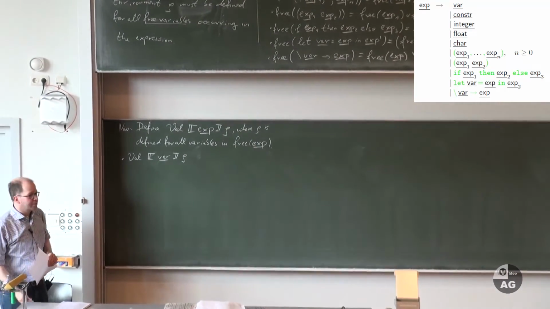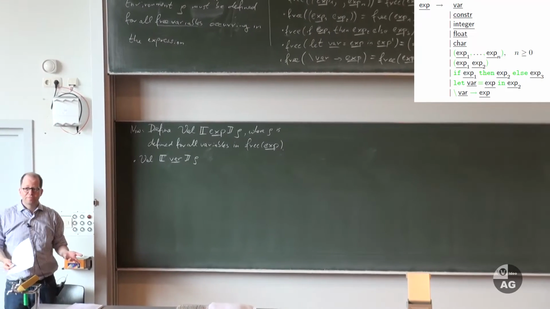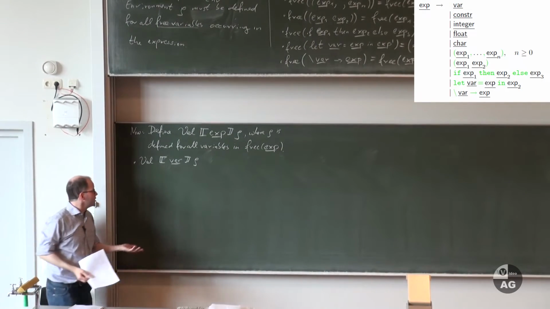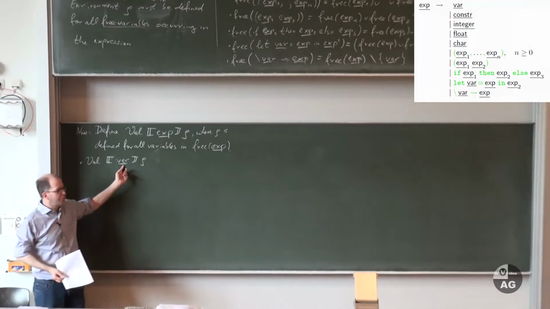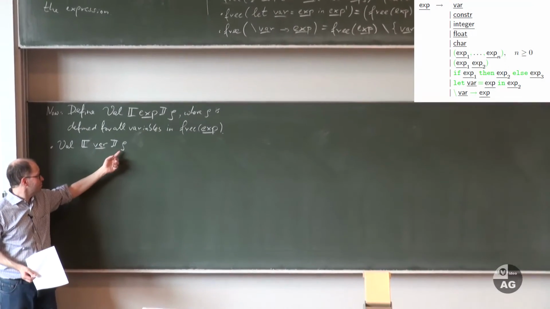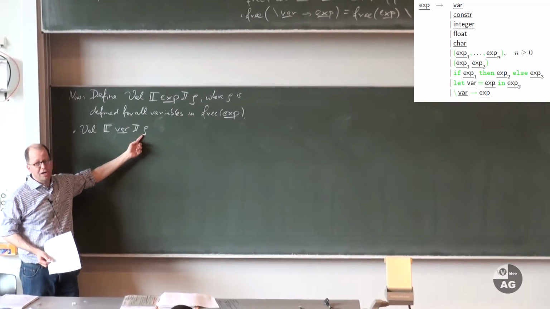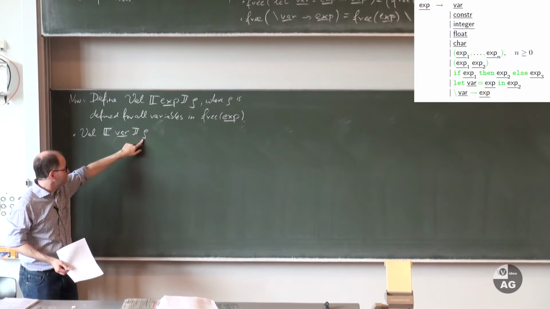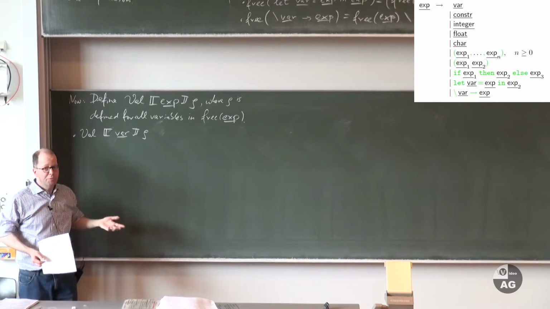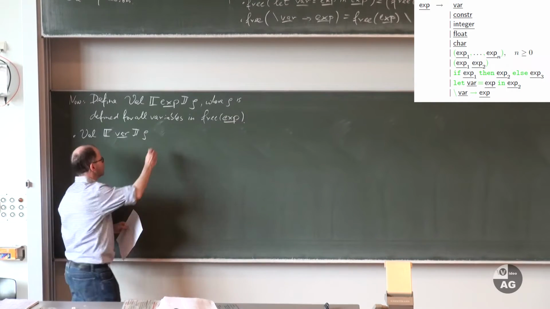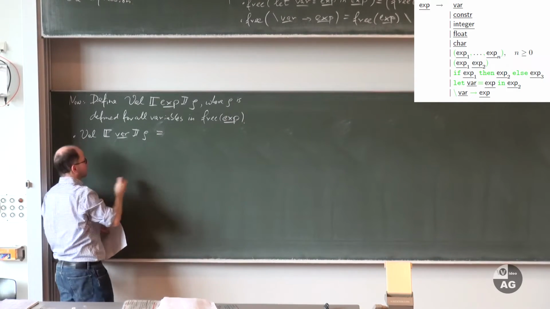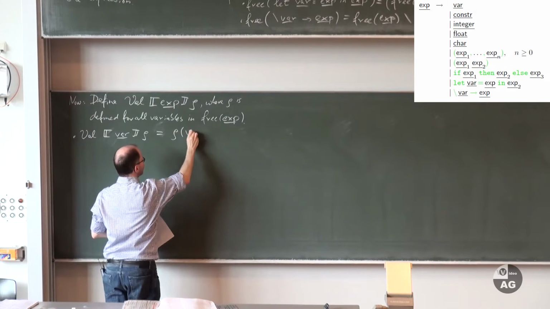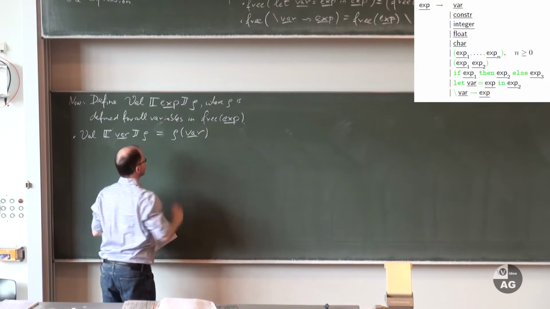How do we define this? Well, we just have to look into the environment. This is just a simple variable, and we have required that the environment has to be defined for all free variables occurring here. So the environment has to be defined for this variable, and it will tell us what this variable means. So we define the value of such a variable to be whatever the environment tells us.